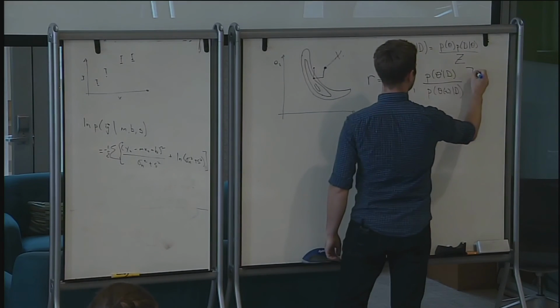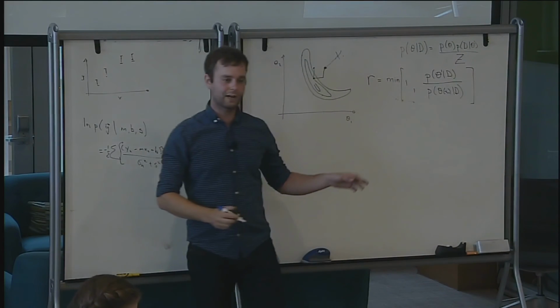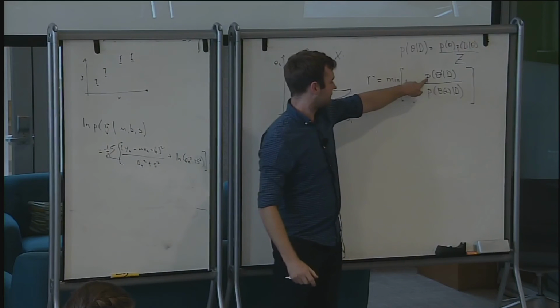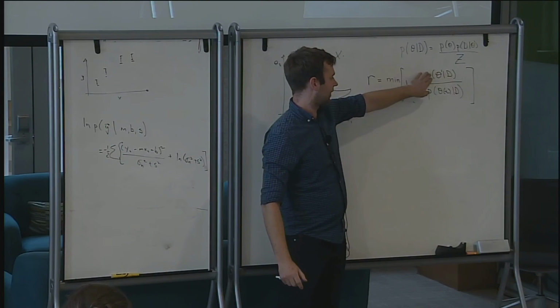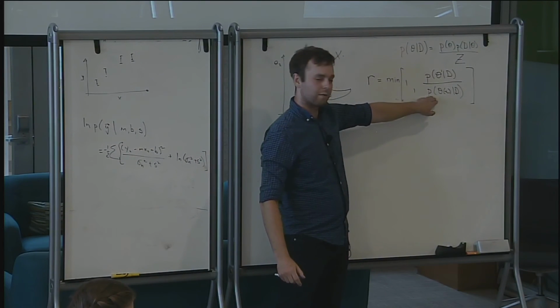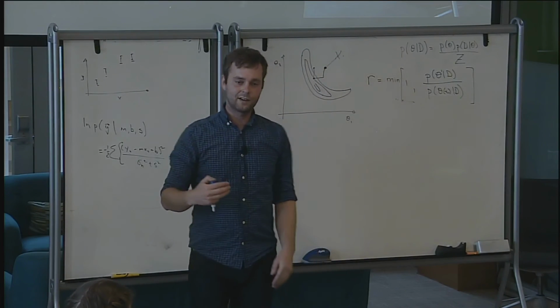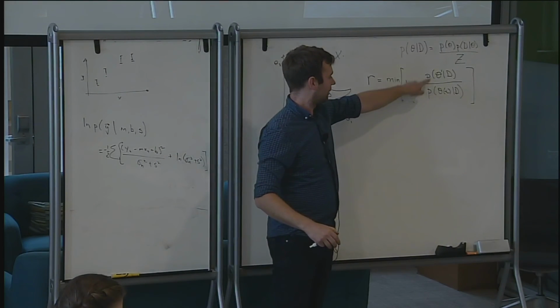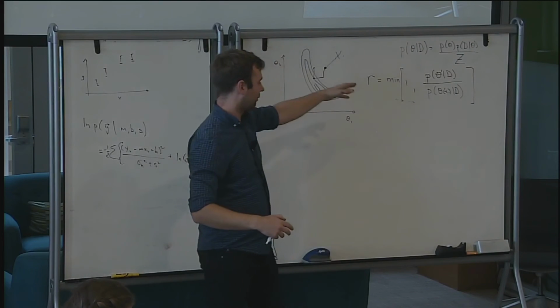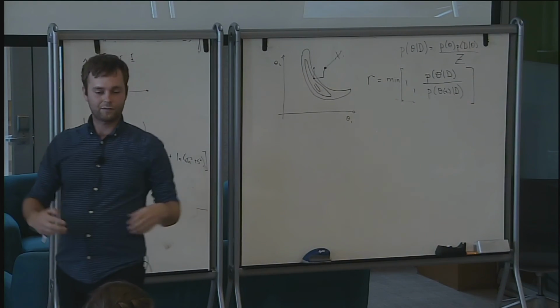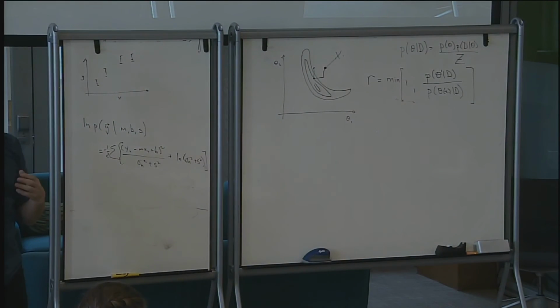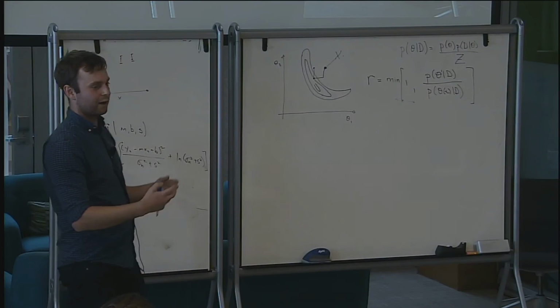So here we have this ratio, which is the ratio of the probability at the proposed location to the probability at the previous location. You can see that if the probability goes up, then we'll always accept this point. And if the probability goes down, there's some probability. If it goes down a lot, we're very unlikely to accept it. And if it goes down just a little bit, then we're quite likely to accept it.